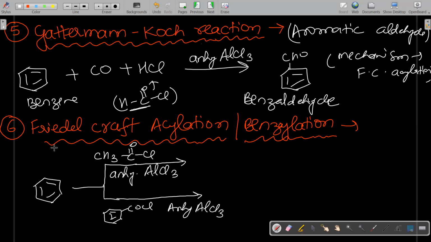When we are discussing Friedel-Crafts acylation or benzoylation, you have read it in class 11th and many times in class 12th also, because this is a very common reaction. So what is the Friedel-Crafts reaction? Already you have read it.